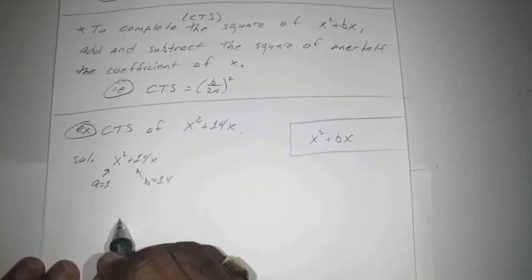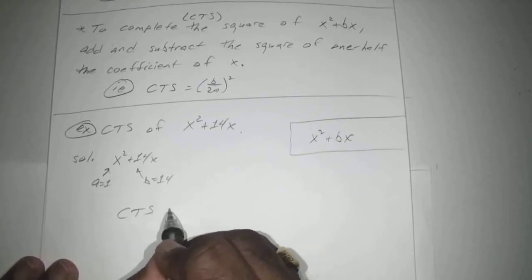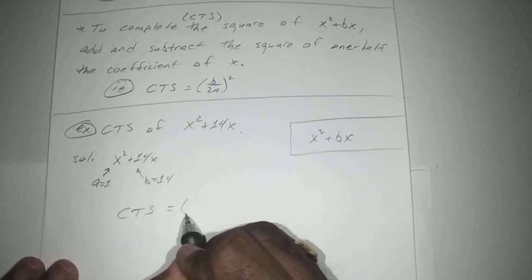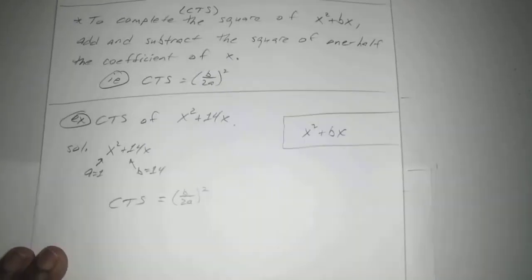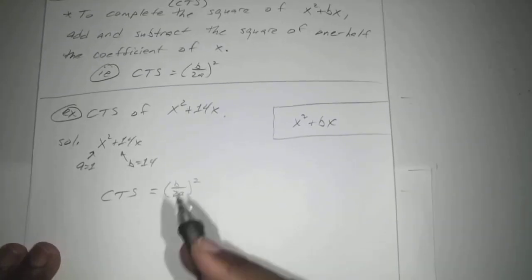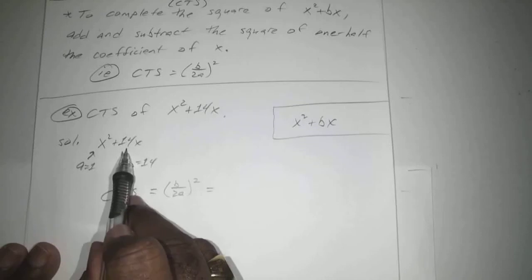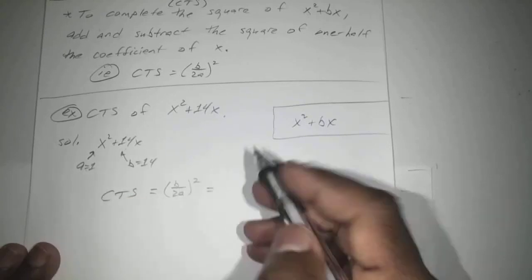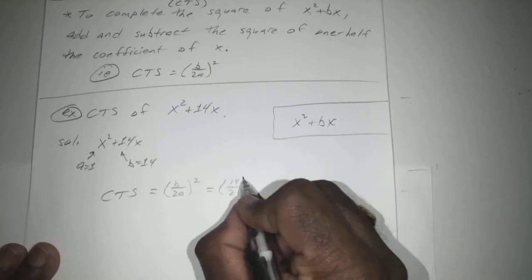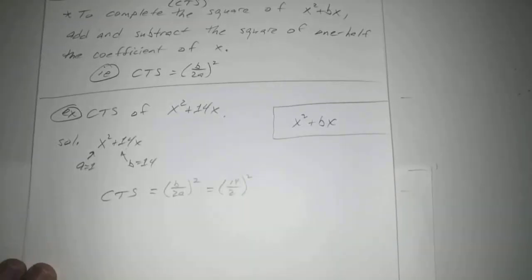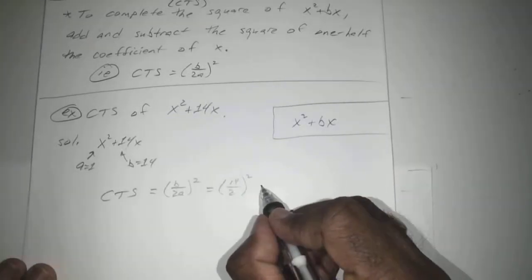So that means for us to complete the square, remember that's (b divided by 2a) squared. If we plug in our b and our a, that's 14 divided by (2 times 1), squared. 2 times 1 is just 2, and 14 divided by 2 is just 7.